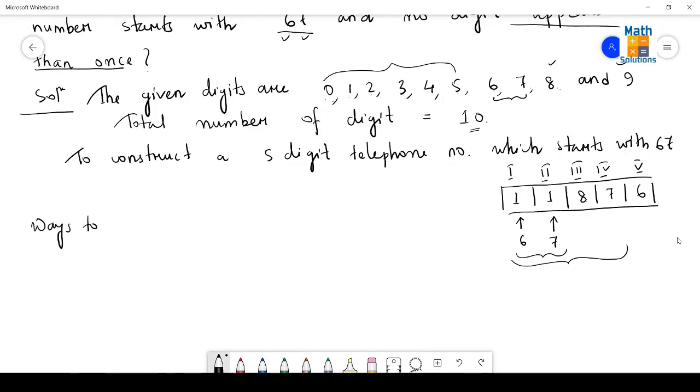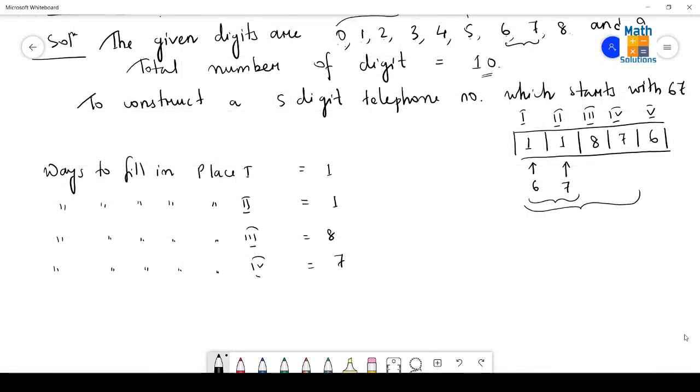Ways to fill in place 1 is equal to, of course, 1. Ways to fill in place 2, it is 1 again. Then ways to fill in place 3, it is 8. Then ways to fill in place 4, it is 7. Then ways to fill in the fifth place is equal to 6.